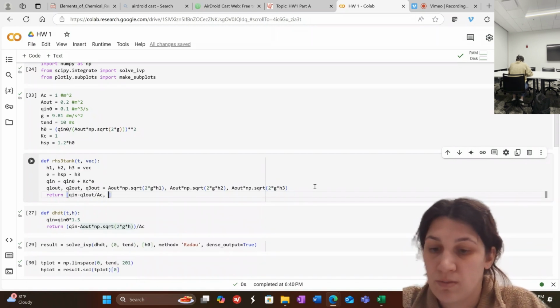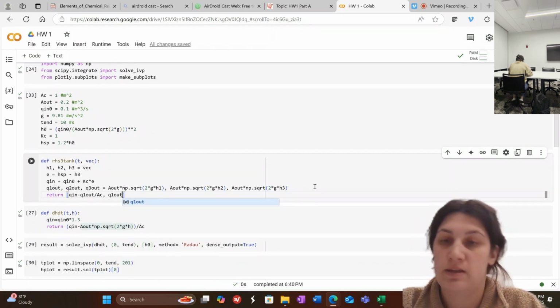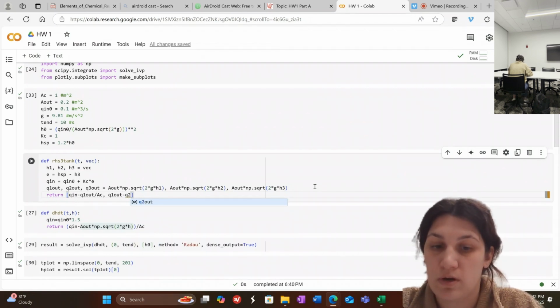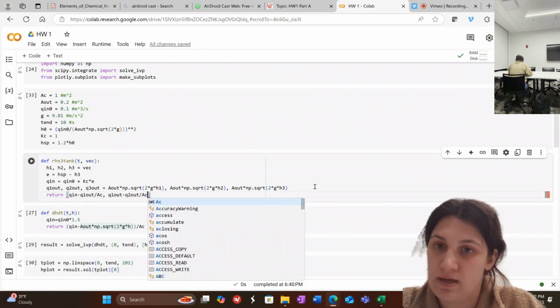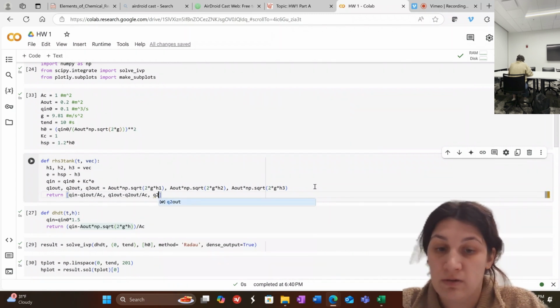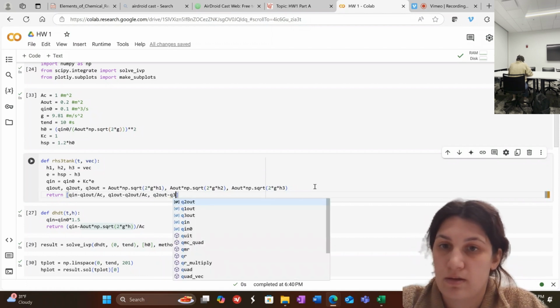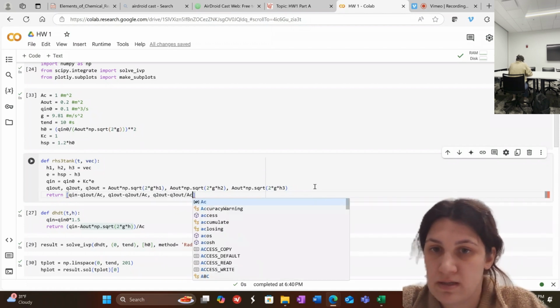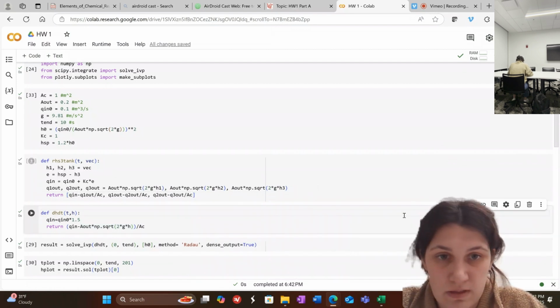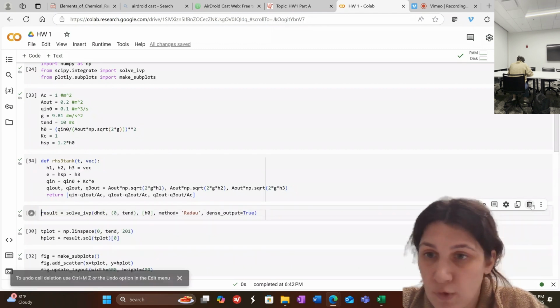For tank 2, remember that Q1 out is the inlet of tank 2, so Q1 out minus Q2 out over A_c. Same thing for tank 3, the inlet is the outlet of tank 2, minus Q3 out over A_c. I'm just going to get rid of this because we don't need it anymore.